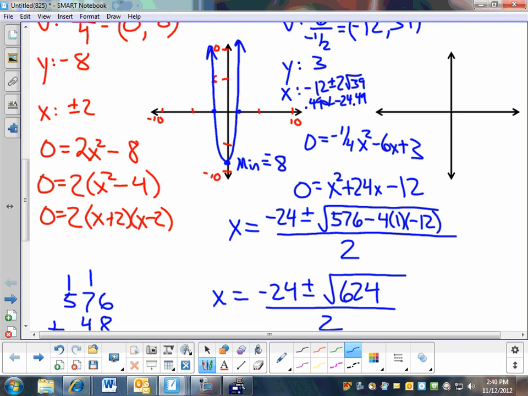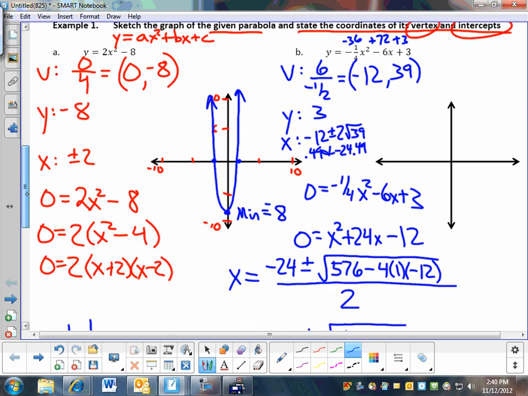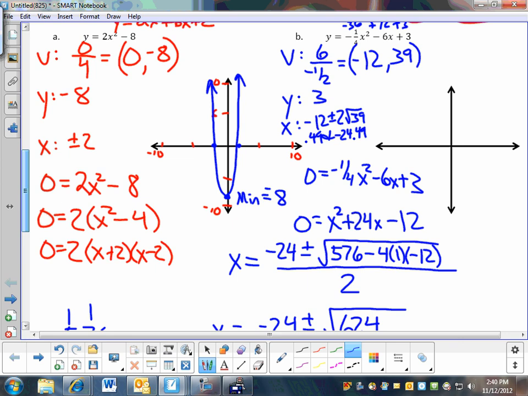I'm going to graph these. It looks like my largest value is 39, so I'm going to go all the way up to 40. I plot my vertex, which is negative 12, 39.